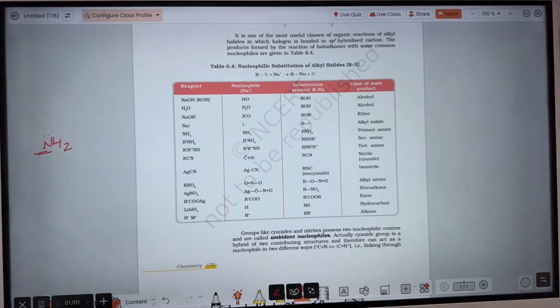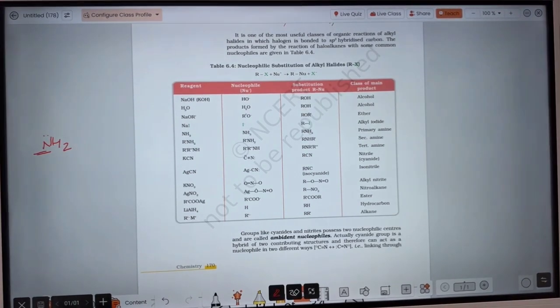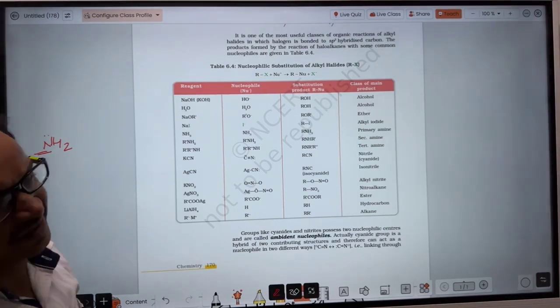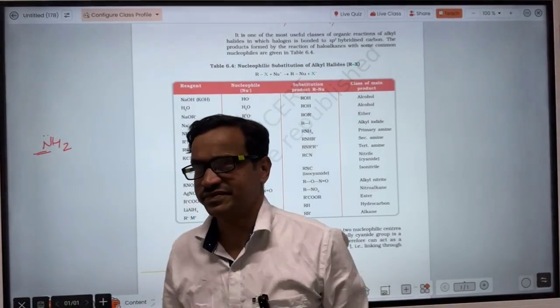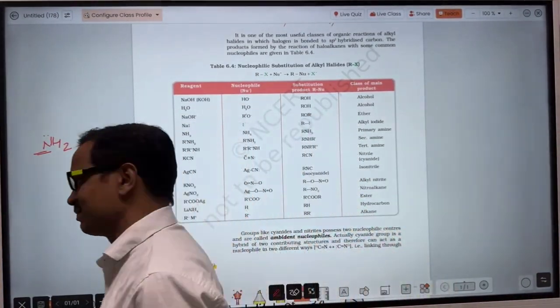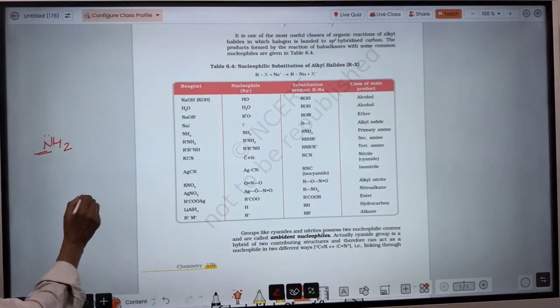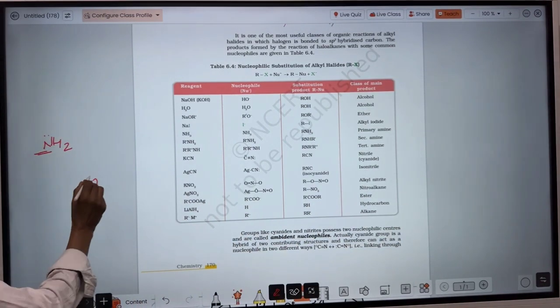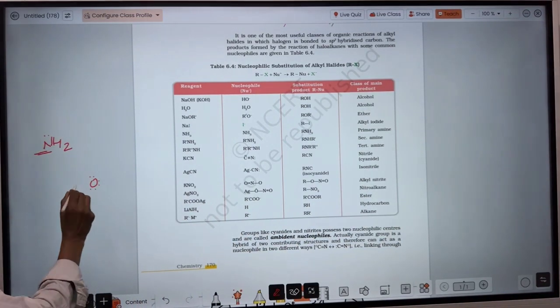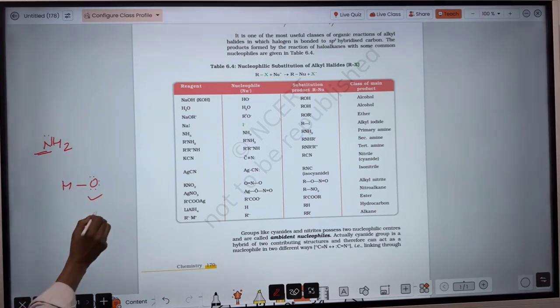Only nitrogen can donate its electron. OH minus also acts as a nucleophile because there are 3 lone pairs of electrons at oxygen, and oxygen can donate its electron.